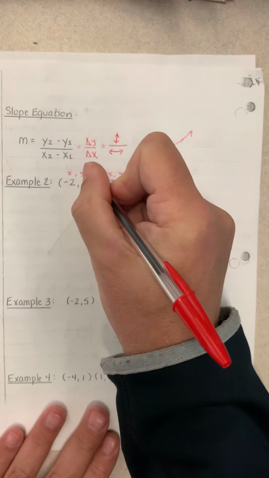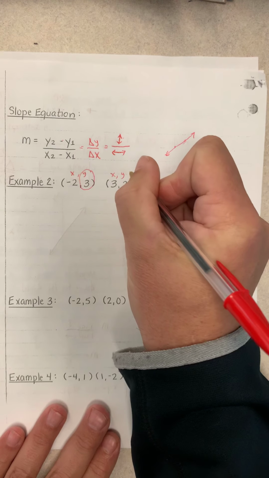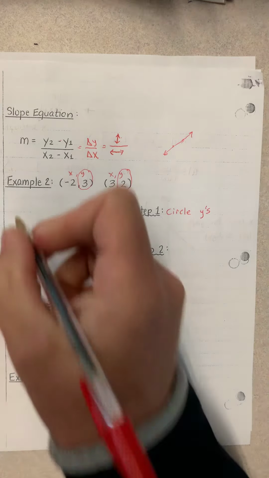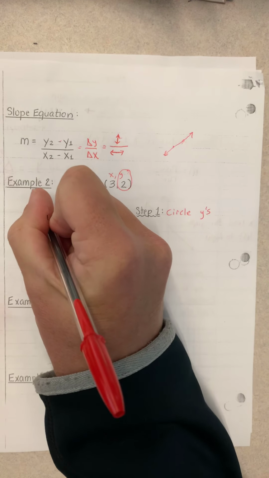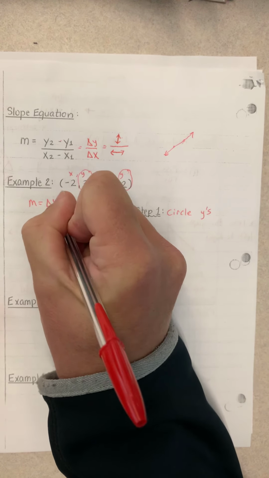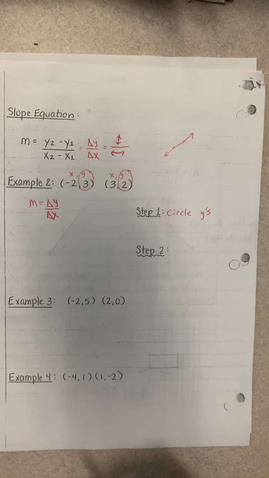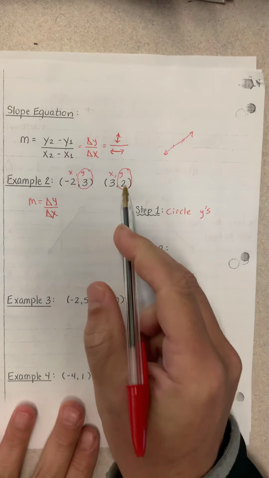So if I circle my y's, that's what I got right there. I circled my y's. We are definitely using the formula slope, or m, is equal to change in y over change in x.